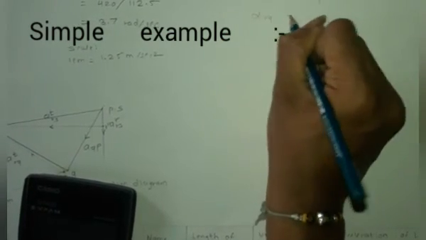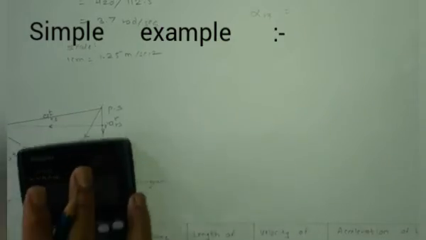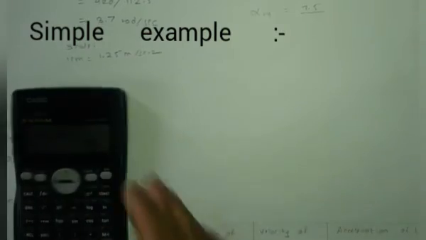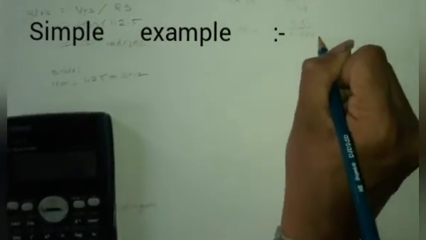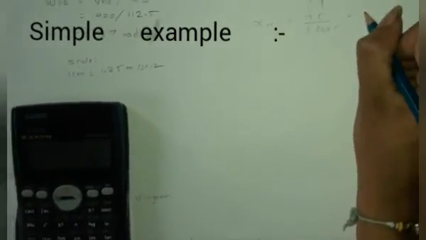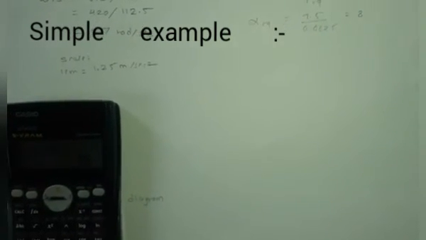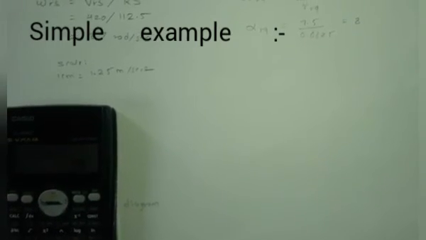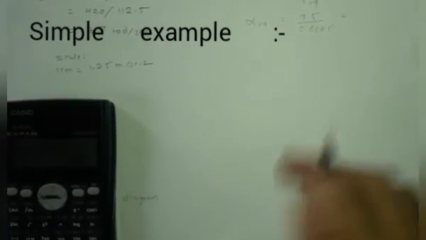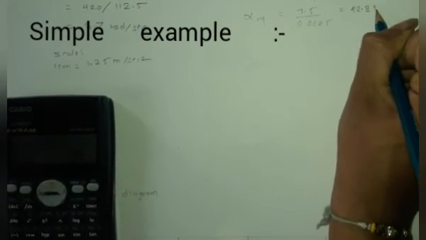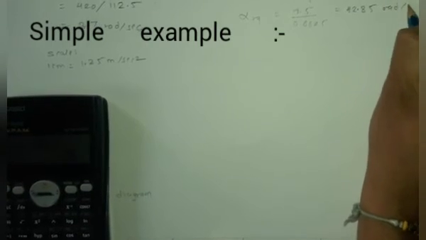So angular acceleration for RQ will be 7.5 upon 0.175, which will be 42.85 radian per second square.